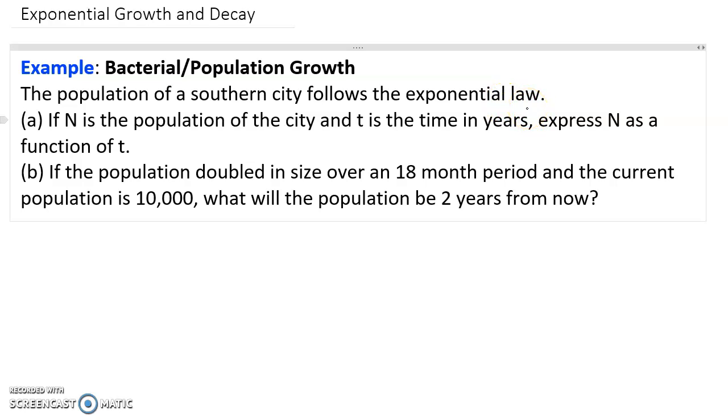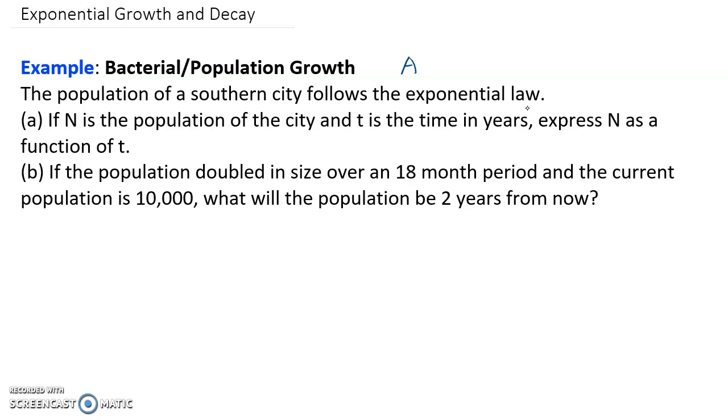So first of all, if it follows the exponential law, doesn't matter if it's growth or decay, you should have this formula or function: A of t equals A naught, which is the initial amount, times e to the kt, where k is the speed of growth or decay depending on the problem, and t is time. And this A here is the amount after time t.